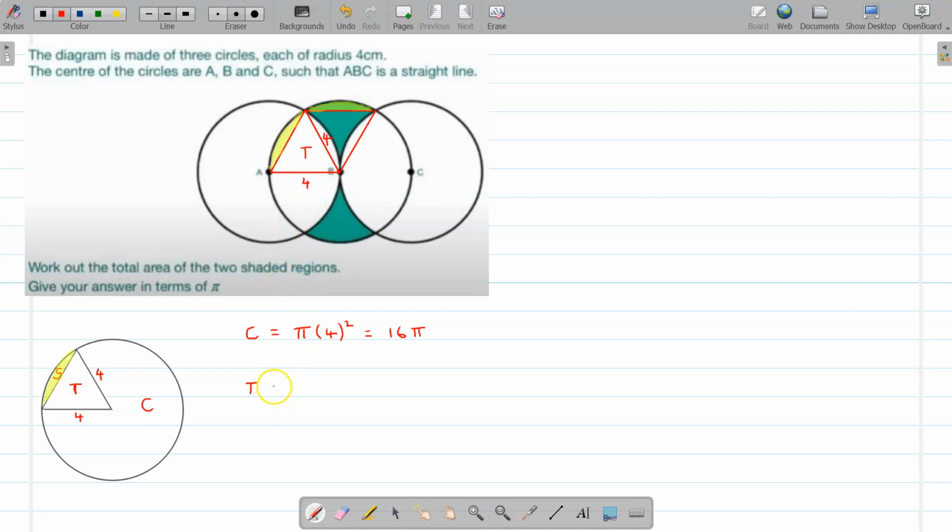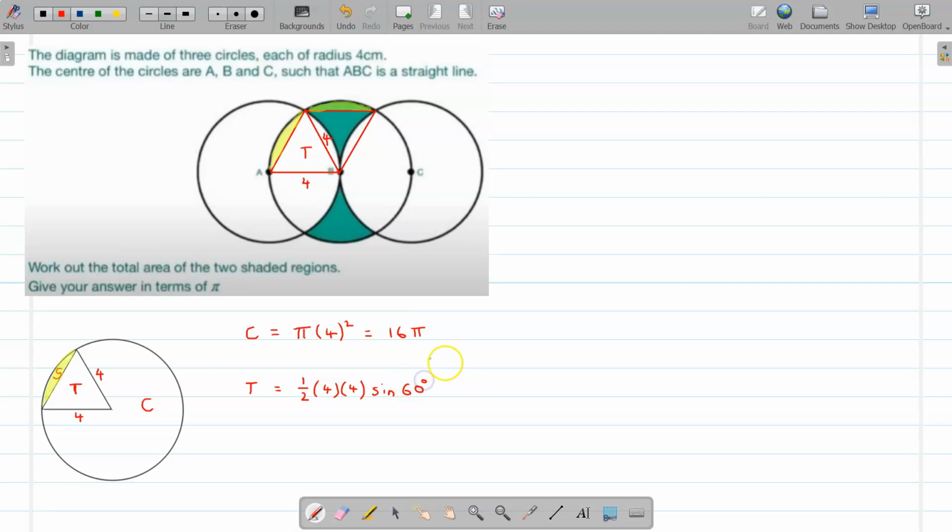So T has an area which is a half ab sine of the angle between them. Well, the angle is 60 degrees and a and b are both 4. So it's a half times 4 times 4 times the sine of 60 degrees.